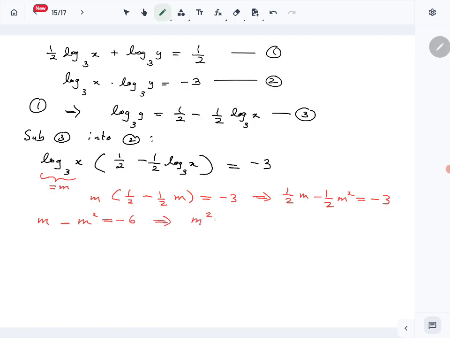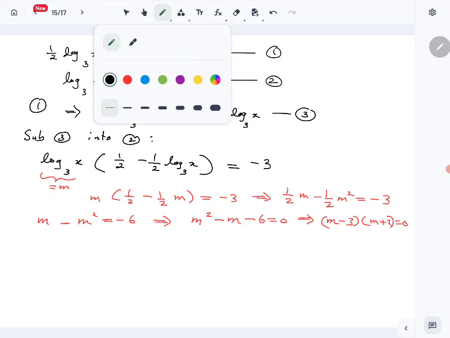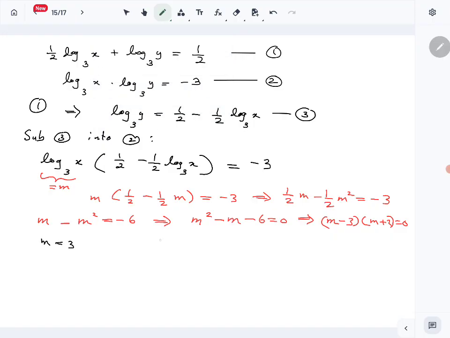So m squared minus m minus 6 equals 0. So it's a quadratic, no? So factor this. So you get m minus 3, m plus 2, right? Yes. So then we have what? M equals 3 or m equals minus 2.